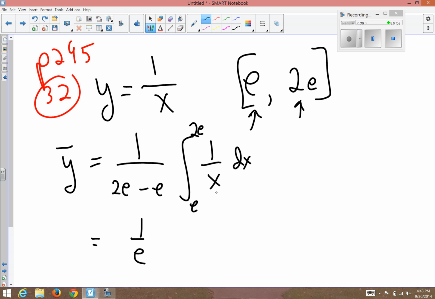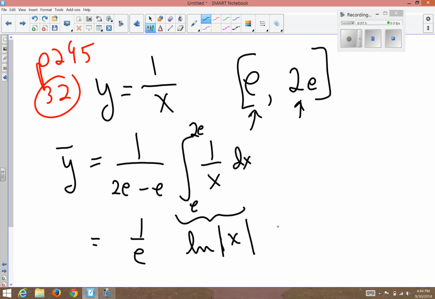The integral of 1 over x dx, get your formula sheet and you'll see that it's this integral right here, is the natural log of the absolute value of x. This is the third formula on your sheet.